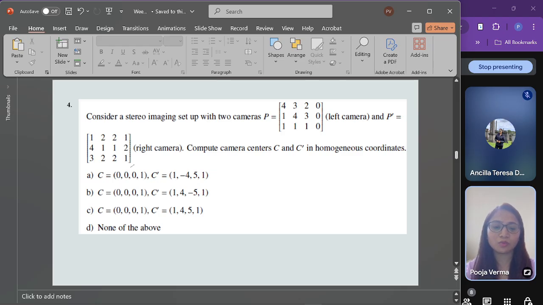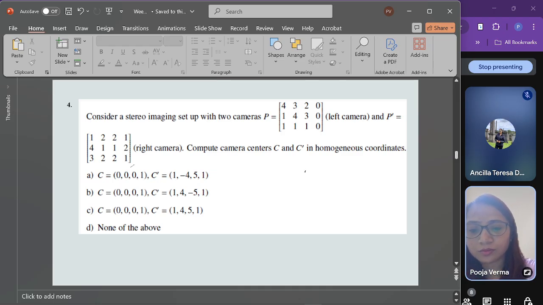In homogeneous coordinates, we already know the equation PC is equal to 0, and we can write similarly for the right camera matrix, P dash C dash is equal to 0. So we need to solve that equation PC is equal to 0, where C is the camera center and P is the left camera matrix. Similarly, C dash is the camera center for the right camera and P dash is the right camera matrix.